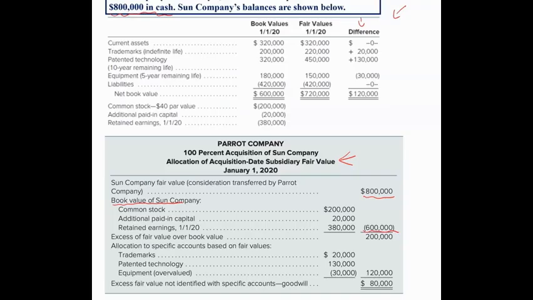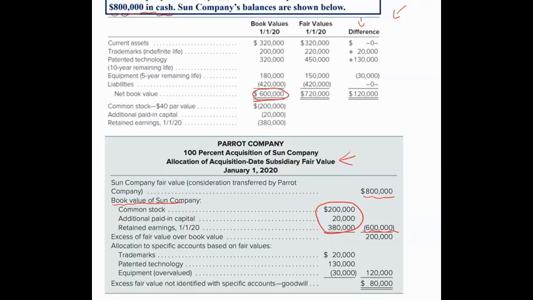One is to calculate the total of their equity account balances, which is 600,000. Another method is to use total identified assets minus total identified liabilities. That's based on the accounting equation, assets minus liabilities equals equity. So those are two ways to calculate that. So that's 600,000, already calculated here.